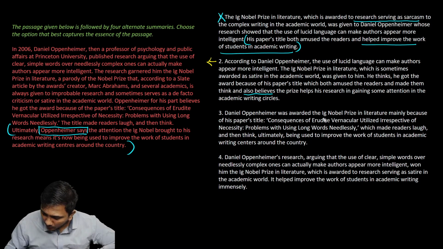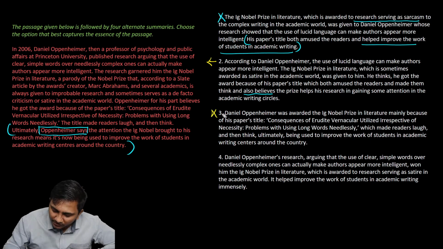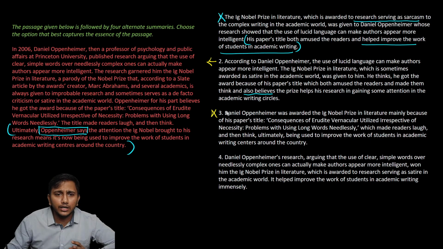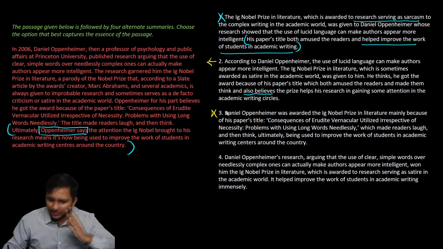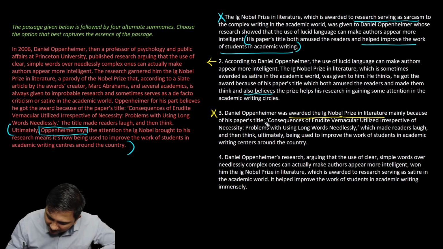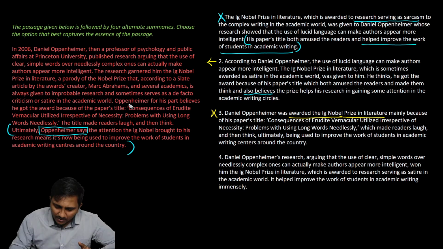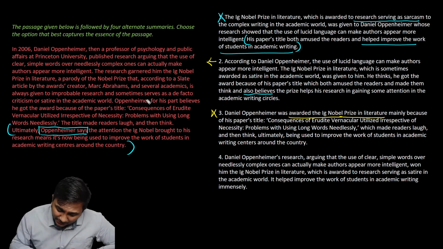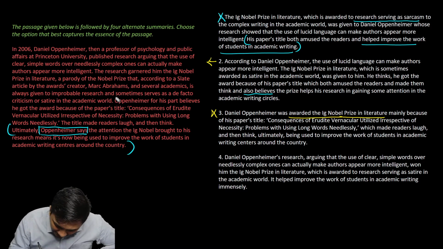Daniel Oppenheimer was awarded the IG Nobel Prize mainly because of his paper's title. I would get rid of this right now and not even read further, because it is given he was awarded the IG Nobel Prize in Literature mainly because of his paper's title. But that's not what is given. See, that is the opinion of this person.